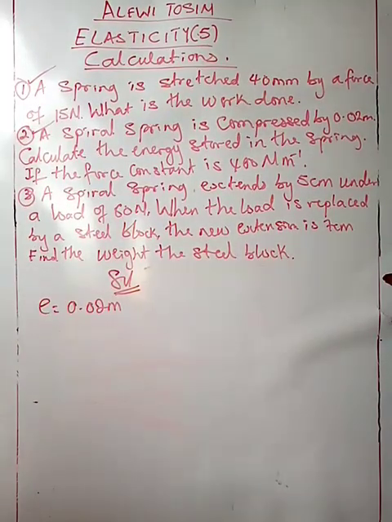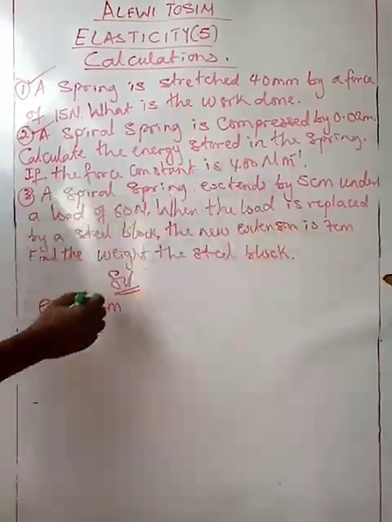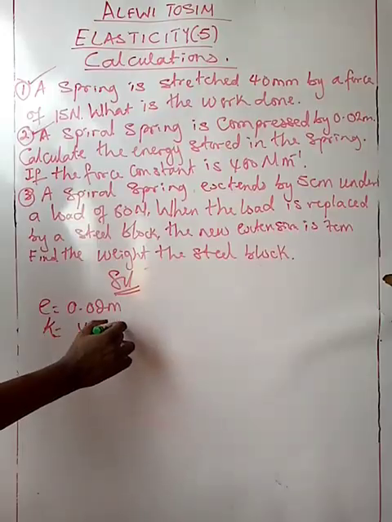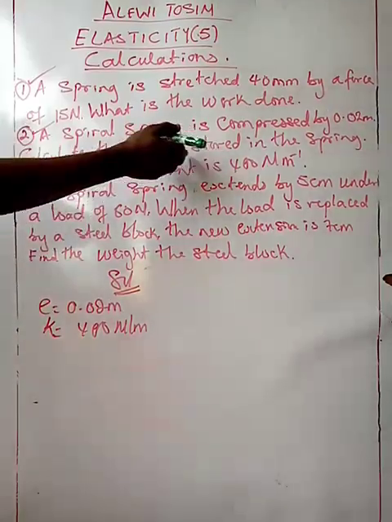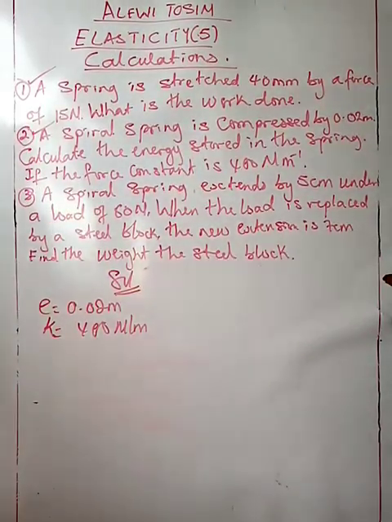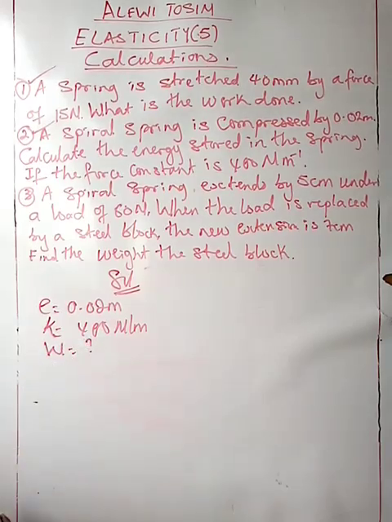Calculate the energy stored in the spring if the force constant, that is K, is 400 Newton per meter. Now, we have to find the energy stored. The energy stored in a spiral spring is referred to as elastic energy.